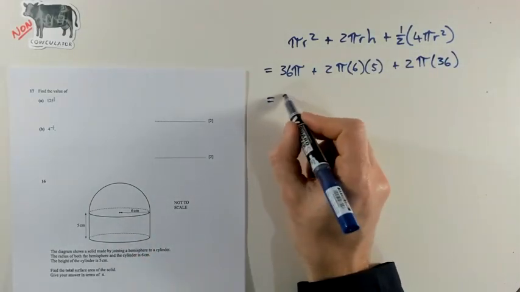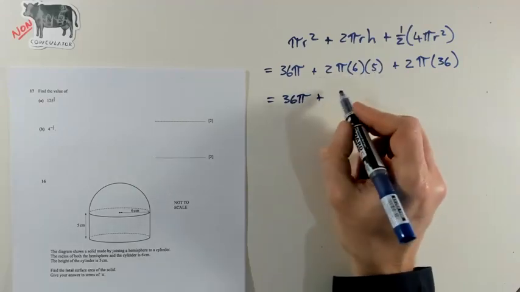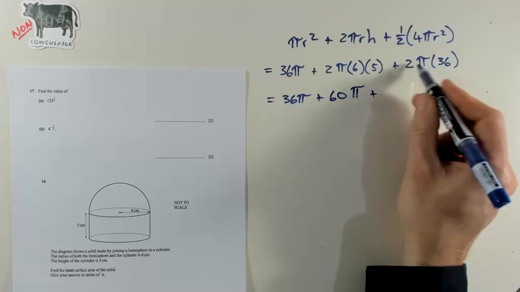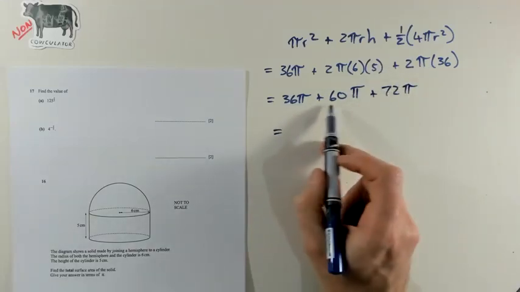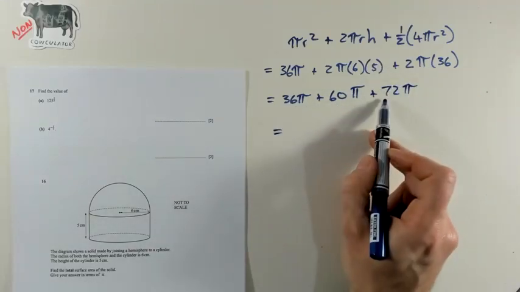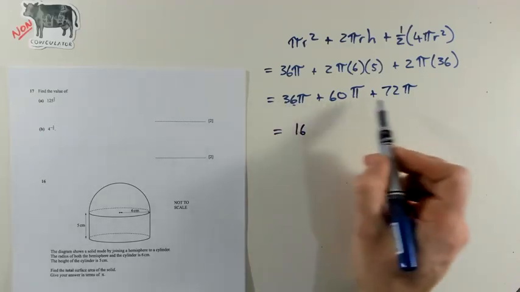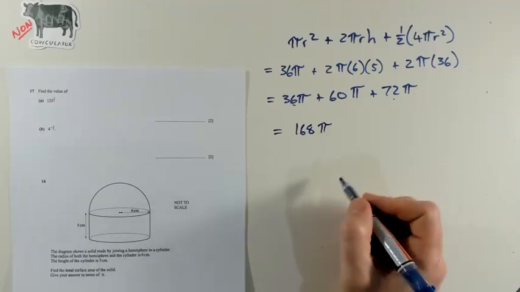Okay, so I have 36 pi plus, that's going to be 30 times 2, it's 60 pi, and then plus 72 pi. And adding all of that together, 60, 70 is 130, 40, 50, 60, 160, and the 6 and the 2 becomes 8 pi, 168 pi.